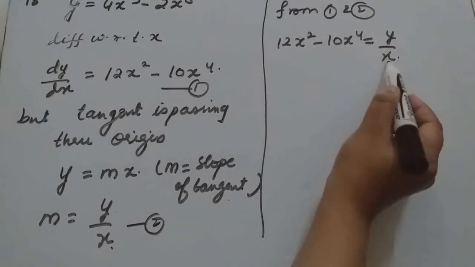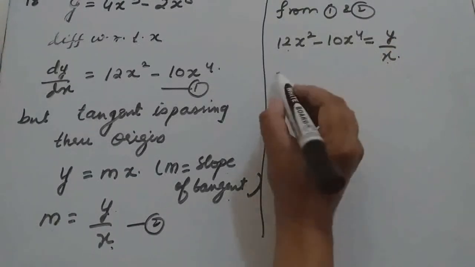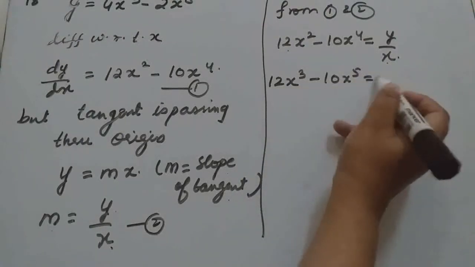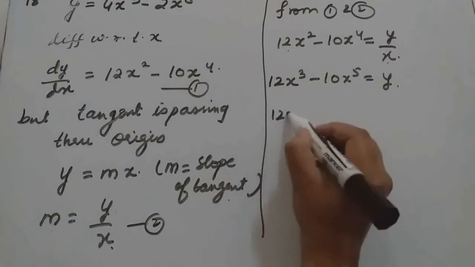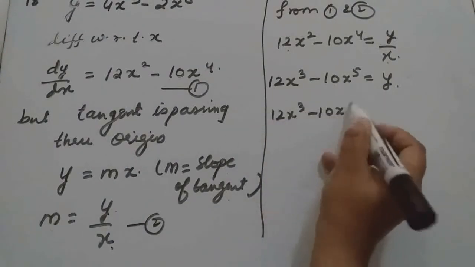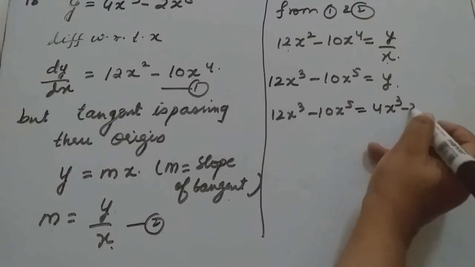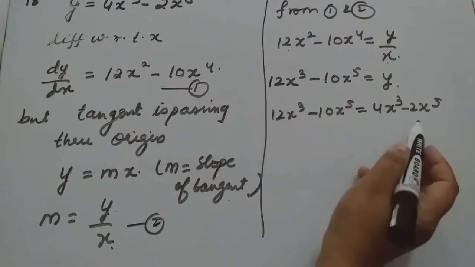So this x we should multiply here. So 12x cube minus 10x power 5 equal to y. So this y value we can substitute from the question, 4x cube minus 2x power 5.